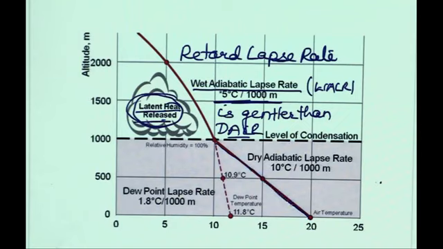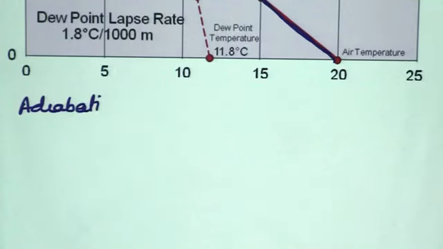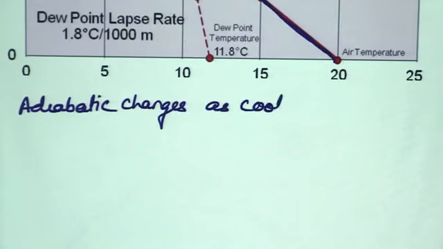The rate of cooling was steeper till the condensation level, and after that the rate of cooling has become retarded. So quickly repeating, adiabatic changes as cooling is called adiabatic lapse rate.